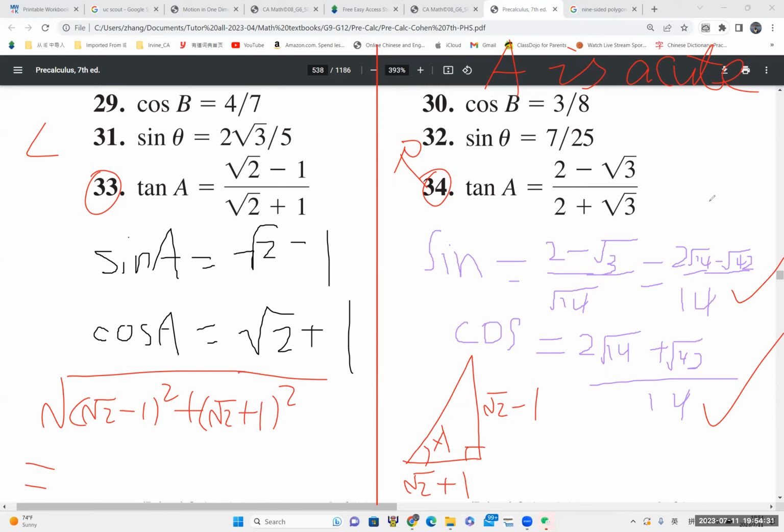Fortunately, this equals 2 square root, take square, just 2. 2 plus 1 is 3. Double 3, you get 6. Anyway, it's 6. Then suppose your answer is this over 6 radical, then it's correct, right?